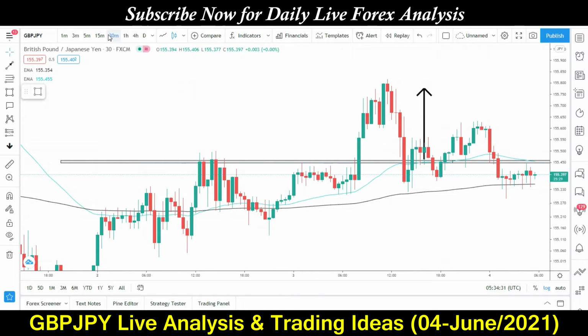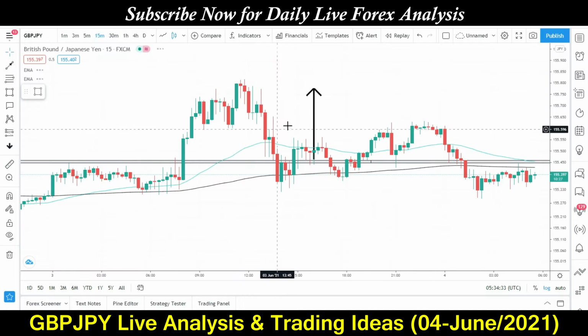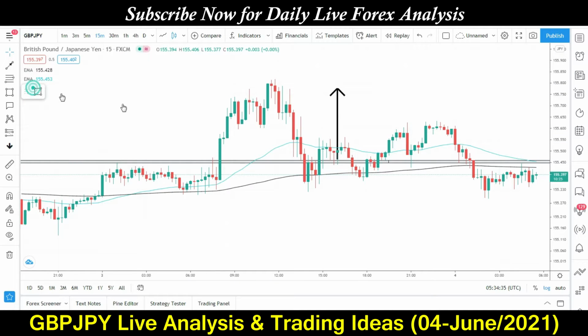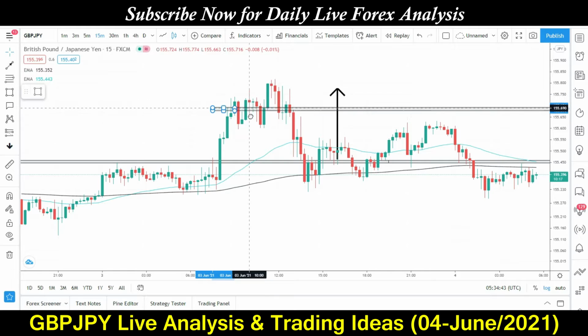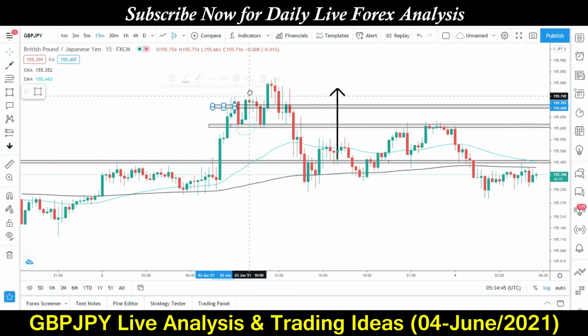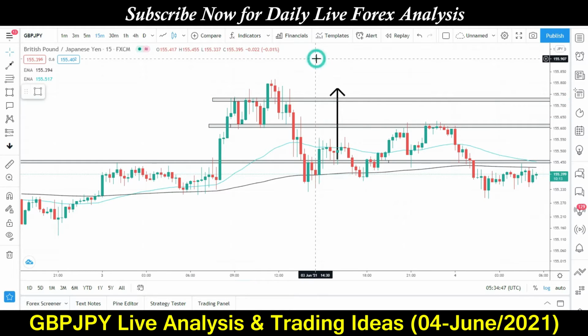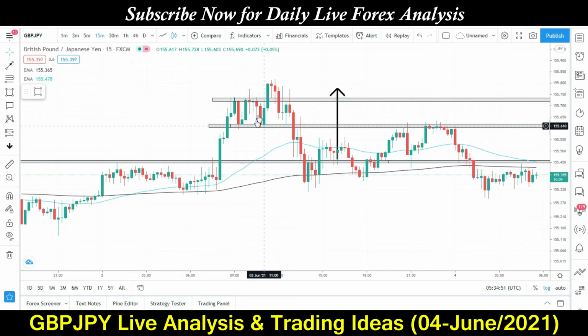Okay, so after that if we look at the M15 time frame, there was a range. Market made a range almost here, and then almost here, and then we were looking for a buy or sell trade above or below this range.